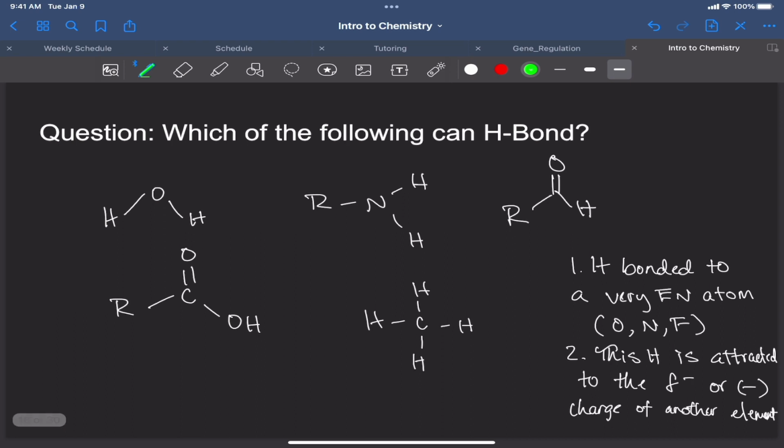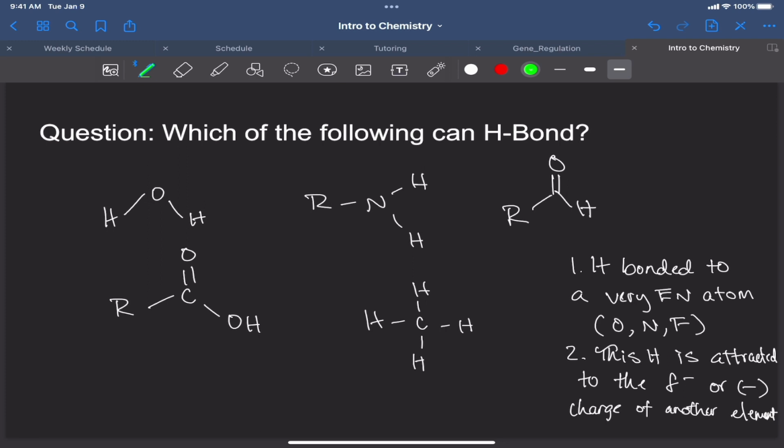All right, so I have a question. Which of the following molecules can hydrogen bond with another molecule? To answer this, I gave you guys a little list of what you need. So the first thing is you need an H bonded to a very electronegative atom, such as O, N, or F, oxygen, nitrogen, or fluorine. And then the second thing is this H is attracted to the delta negative or a full negative, right?